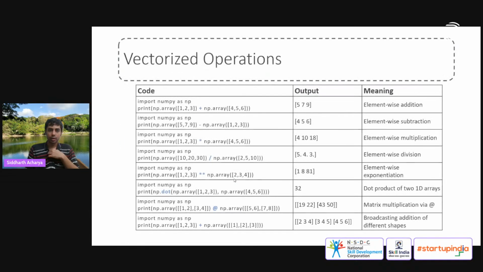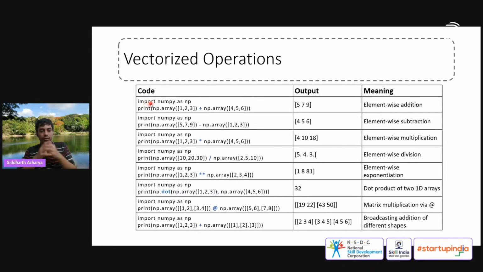We can also do the vectorized operations. This is where I would like you guys to focus. We can play around with this array just like we play around with a mathematical vector. Vectors can be added, vectors can be subtracted, and this multiplication is slightly different. This is not the generic vector multiplication, the dot or cross product.